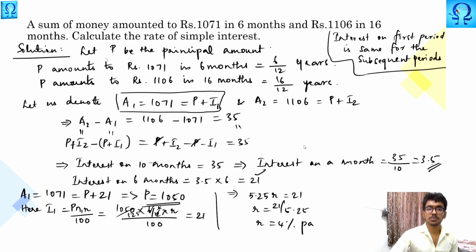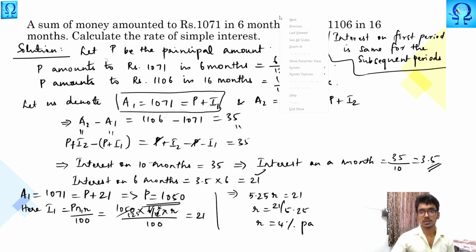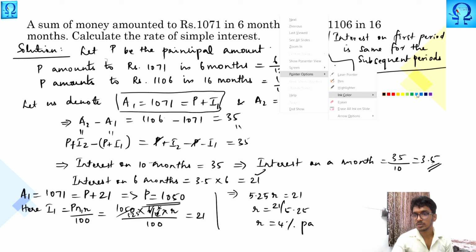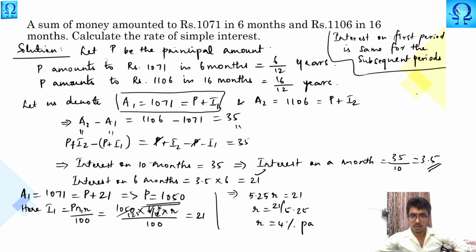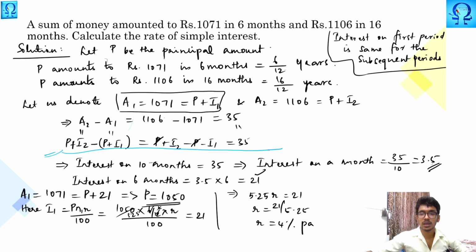So in this problem, you may do it in a different way as well. I have chosen the first way. Till this the procedure is same. After finding the interest for a month, you may find the interest for 16 months as well.